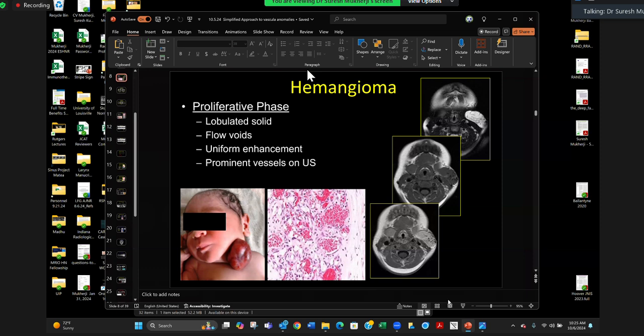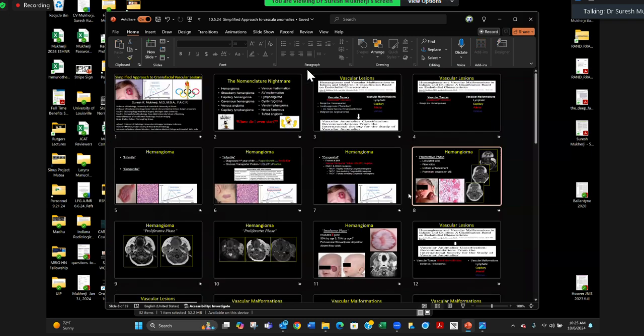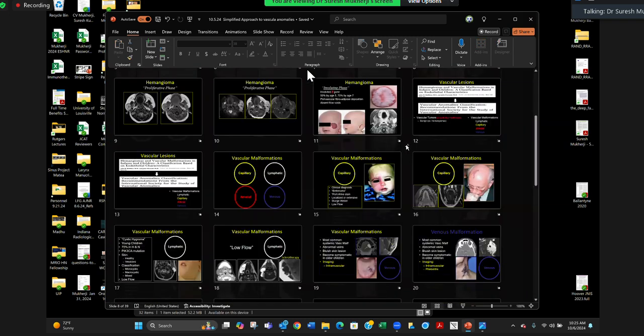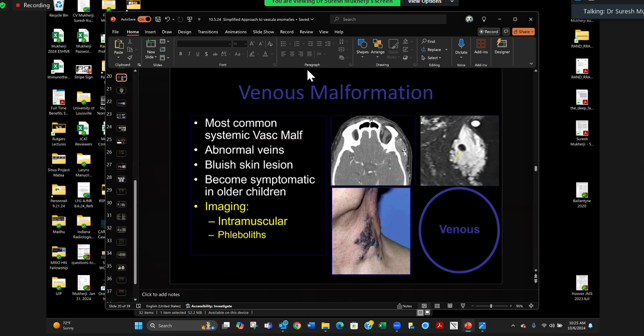Hemangiomas, I'm sure, can be intramuscular, but the way that I would probably sum up is that if you saw a lesion within the muscle and you saw the phleboliths, especially in these cases, that's how I would help differentiate a venous malformation versus an involuting hemangioma.